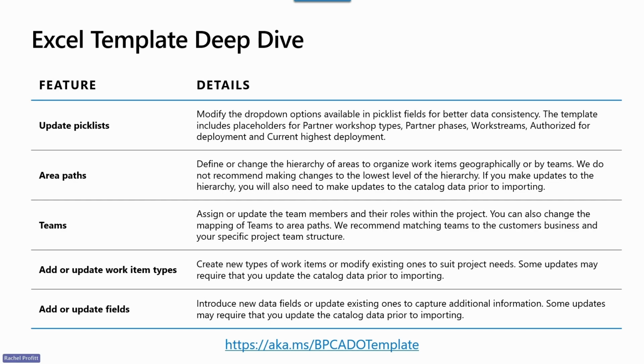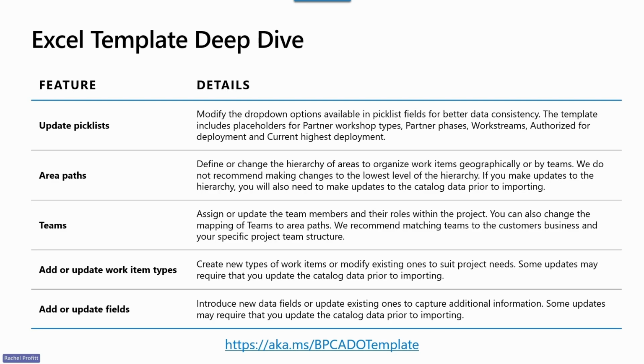It is also possible to add or update work item types. One of the tabs in the spreadsheet is the list of work item types. You can rename those work item types or create new ones. Keep in mind that if you rename an existing work item type, every time we release the catalog, you'll always need to remember to update the name of that work item type in the file.